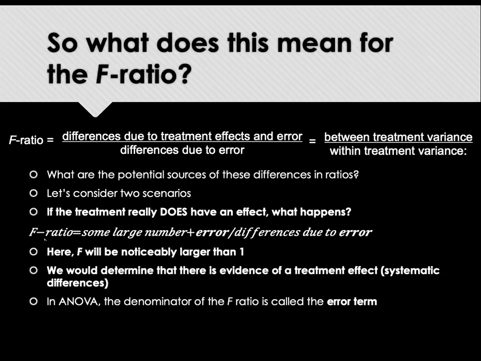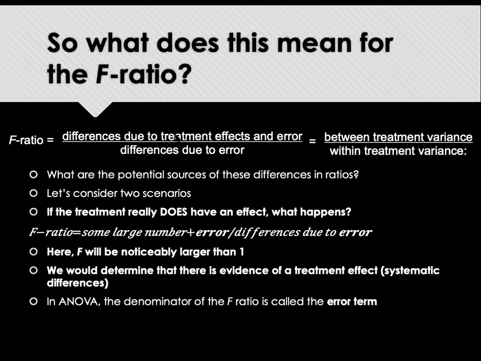And so in that case, our F ratio would be some large number, right? The differences due to treatment effects would be something. It wouldn't be 0. It'd be some large number plus error divided by error. So here, if you can do the math, F will be noticeably larger than 1. So let's say the differences due to treatment effects is 25, and the error is 2.